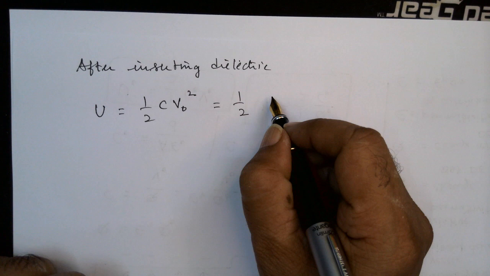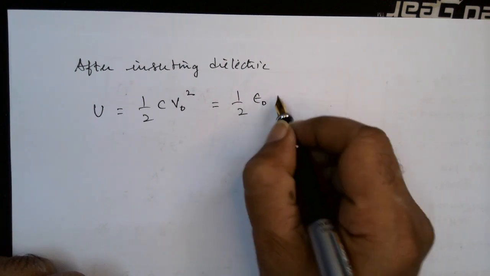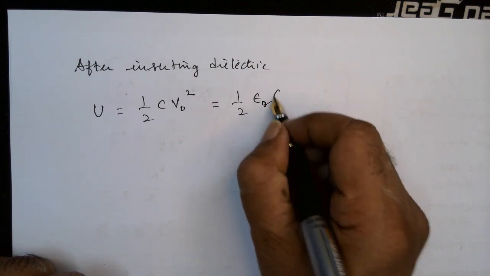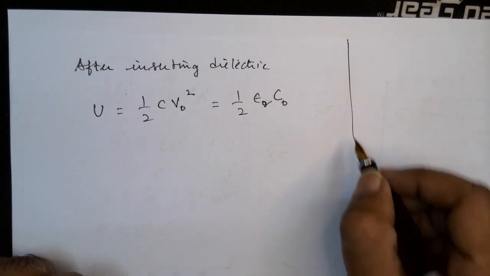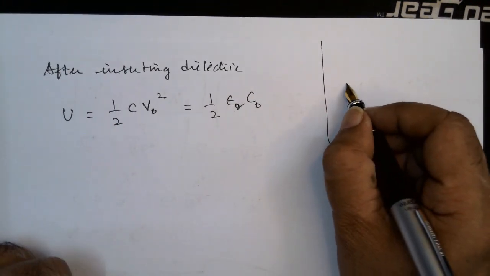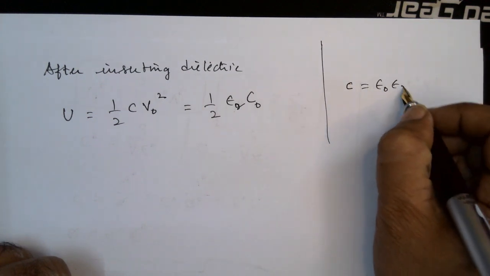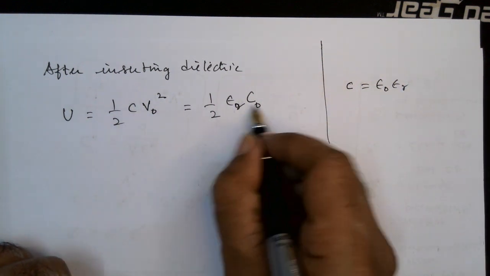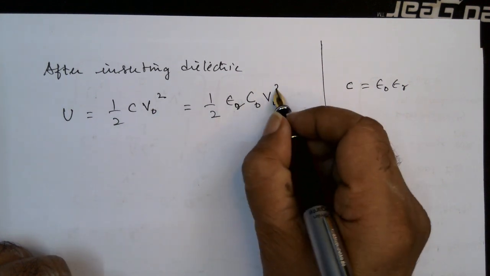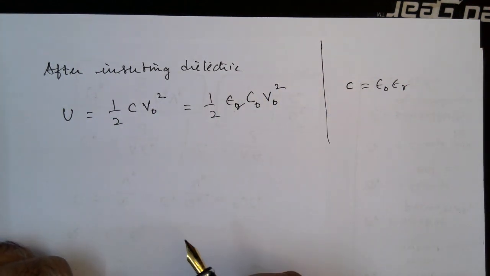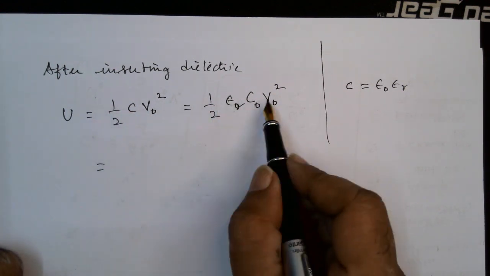Instead of C we put C naught into epsilon r, because we know C is equal to C naught into epsilon r. So I am replacing this C by C naught into epsilon r, and we have this V naught squared.